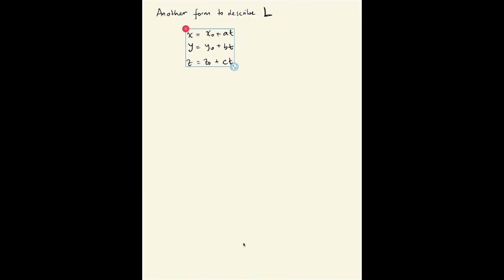Remember you have the parametric equation here. I can write t, okay. I will write x and also t is y and z, right?